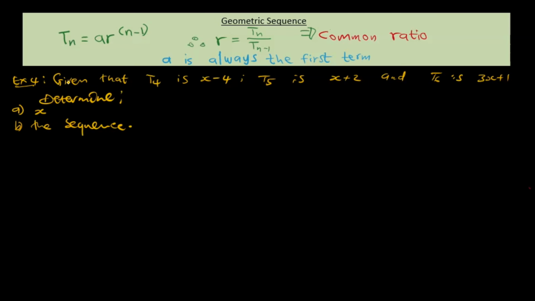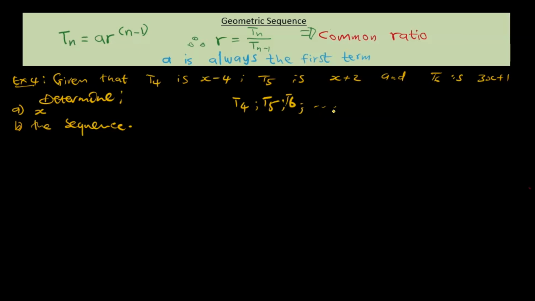Example number 4 says, given that T4 is x minus 4, T5 is x plus 2, and T6 is 3x plus 1. Something to keep in mind: these are consecutive terms, right? So it's like T4, T5, T6.